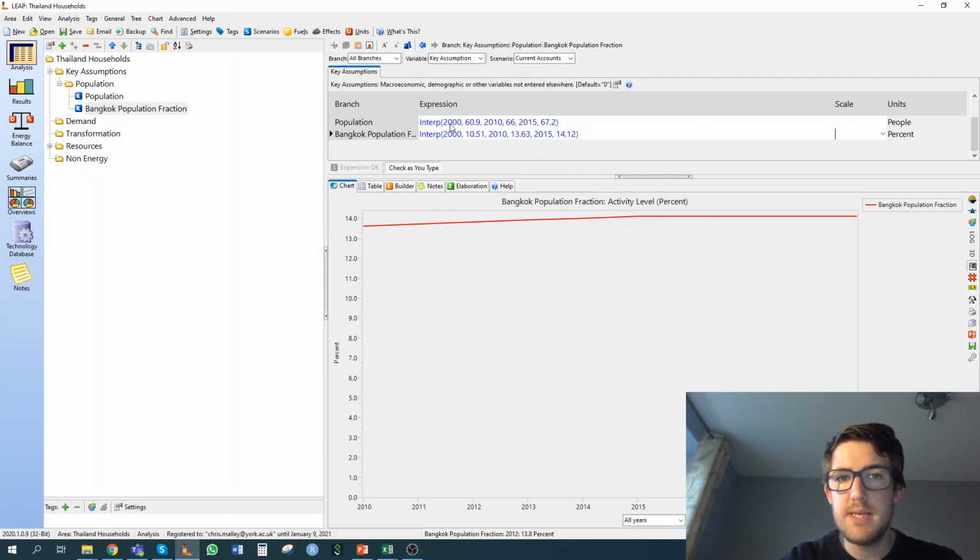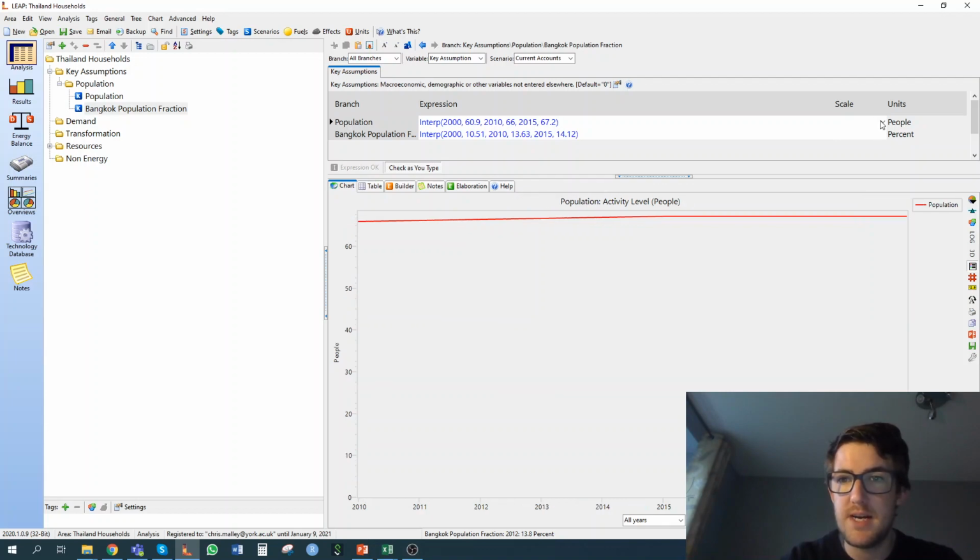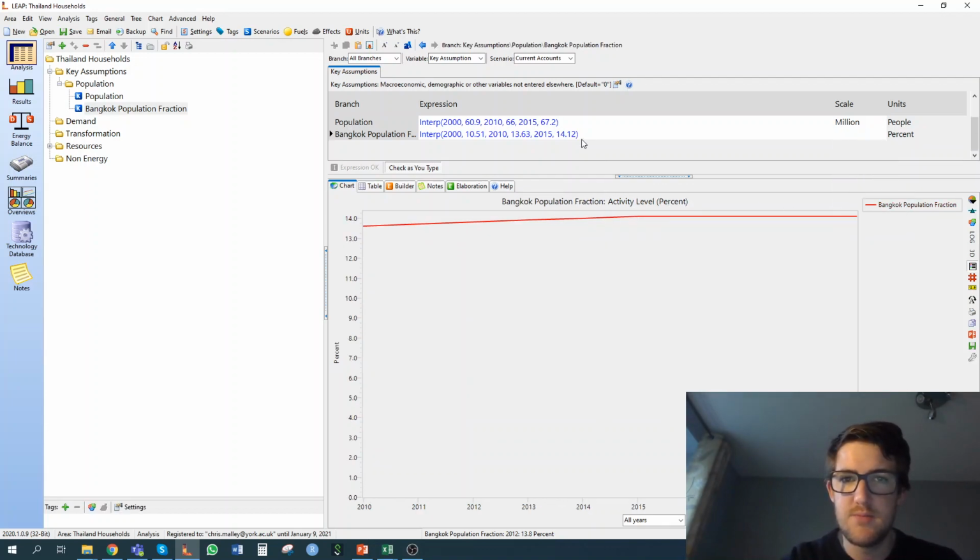And I notice I've made a mistake here. In population, it's saying in year 2000 there was 60.9 people, which is a very small number of people for Thailand. So I'm going to change the scale here to million so that we get the actual population correct. So I've got my Bangkok population fraction.